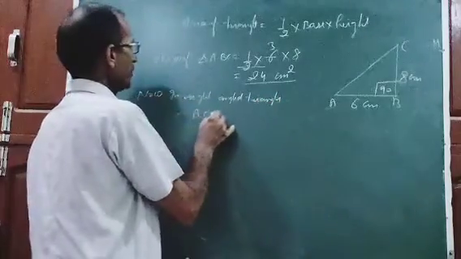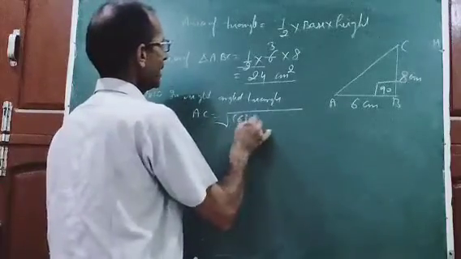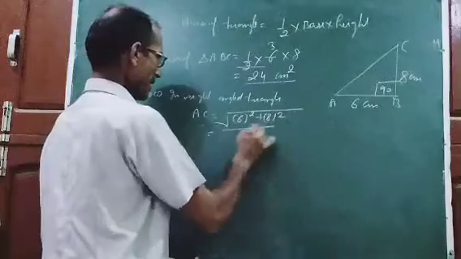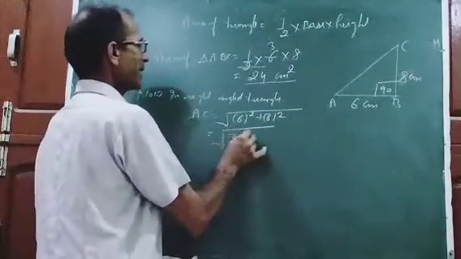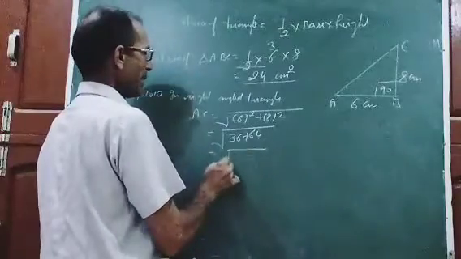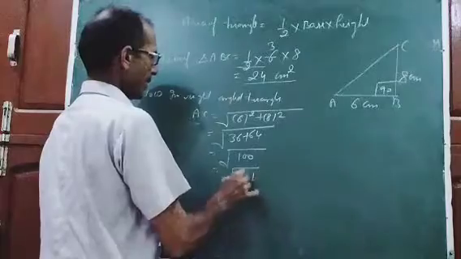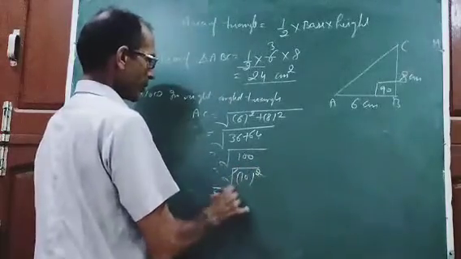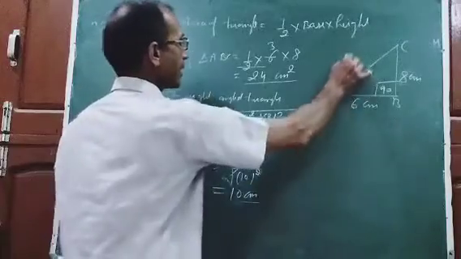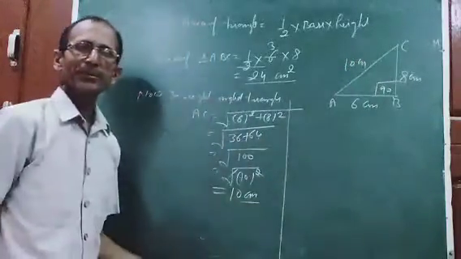AC is equal to square root of 6 square plus 8 square. So 6 square is 36 and 8 square is 64. So it will be 100. So 100 is 10 square. Square cancelled to square root. So this will be 10 centimeter. Up to here, any doubt, any confusion?